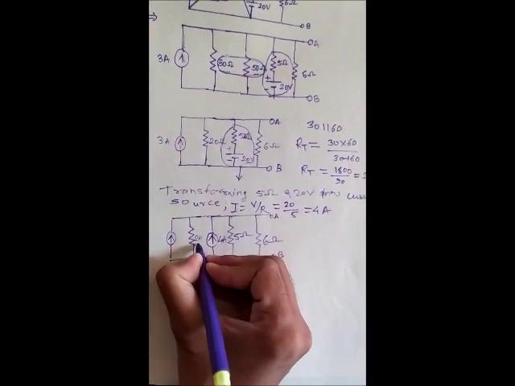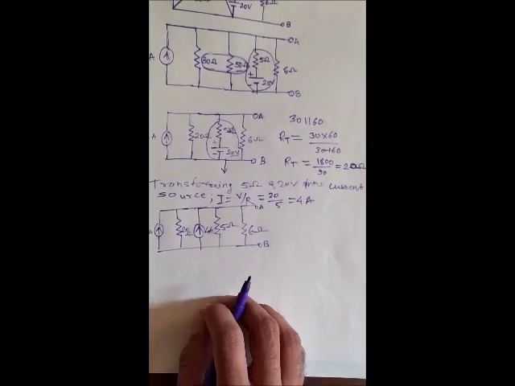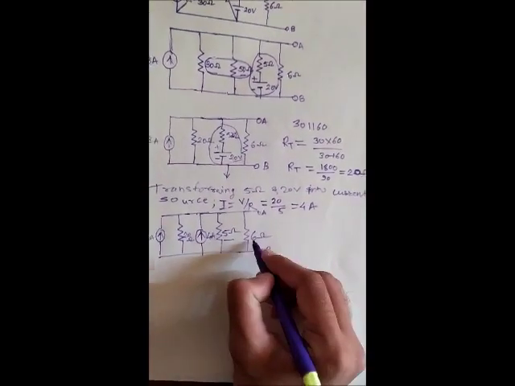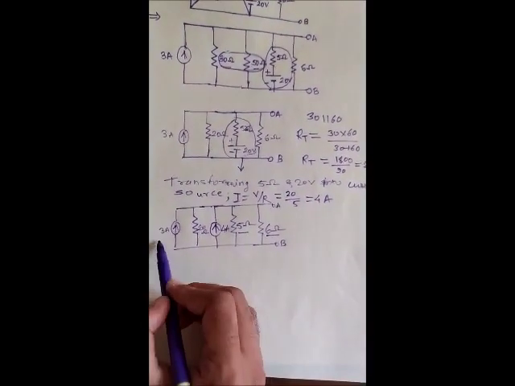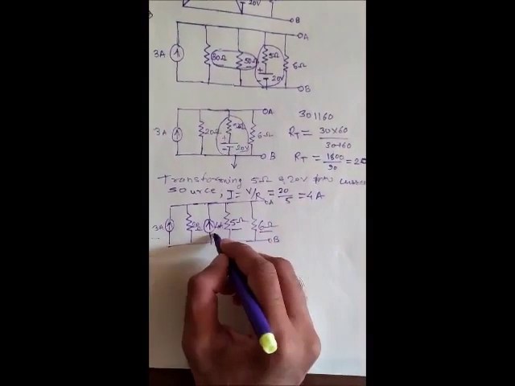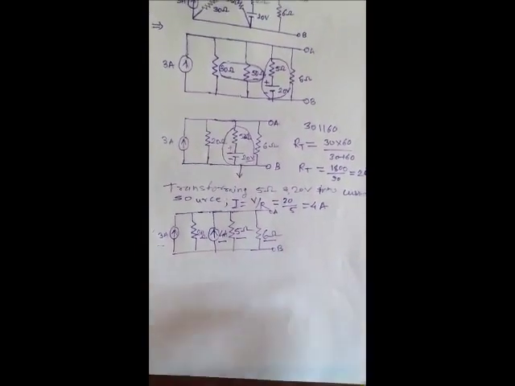this is 20 ohm, this is 3 ampere. So we will solve the parallel combination of these two resistors and then we will directly add this 3 ampere and 4 ampere current to get a 7 ampere current source.